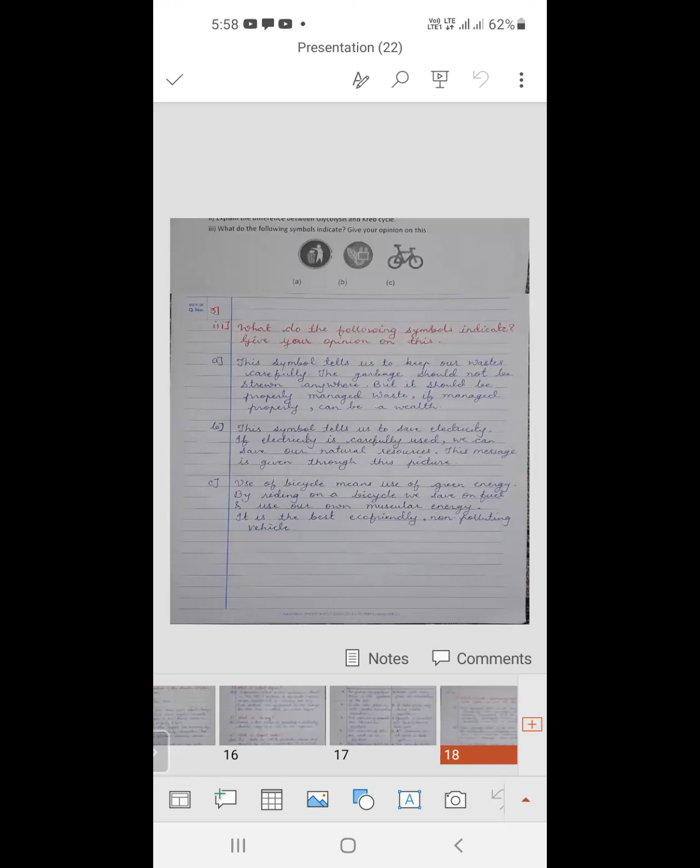What you have to write here: use of a bicycle means use of green energy. By riding a bicycle, we save fuel and use our own muscular energy. So it is the best eco-friendly, non-polluting vehicle. So this much you have to write for 3 marks.